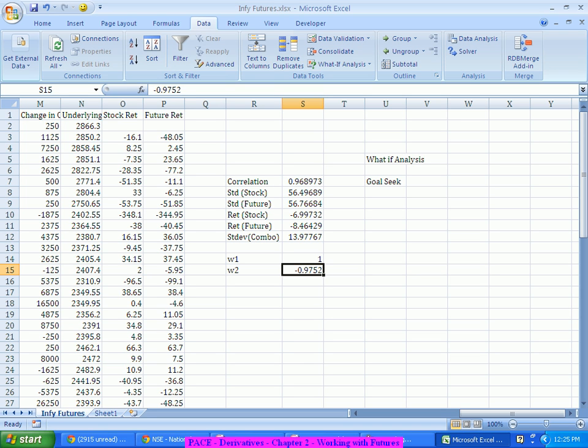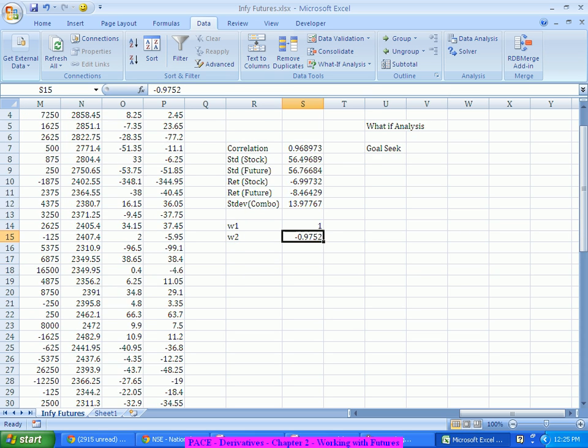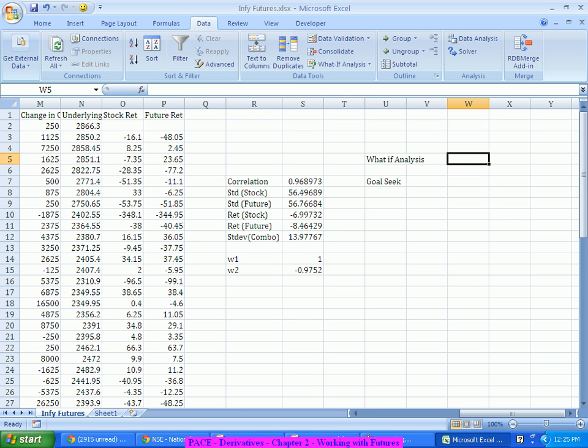Probably I can even plot a graph which will say what is my risk in all these conditions. Let's say it's not 0.97. I want to check for all different possible values.